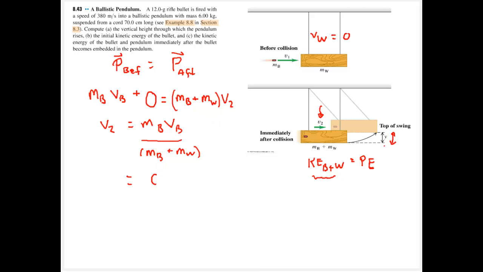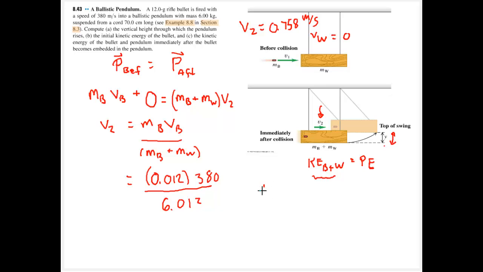So the mass of the bullet is going to be 0.012 kilograms, and it's traveling at 380 meters per second. The mass of the bullet plus the mass of the wood is going to be 6.012 kilograms. And we punch that into our calculators, and we're going to say that the velocity v2 is going to be equal to 0.758 meters per second.